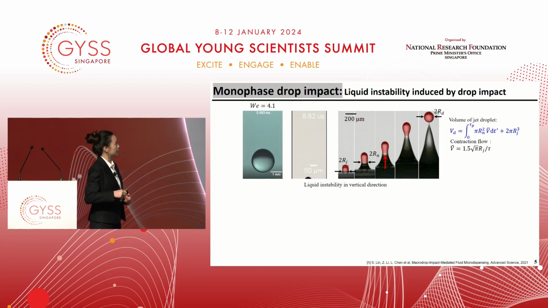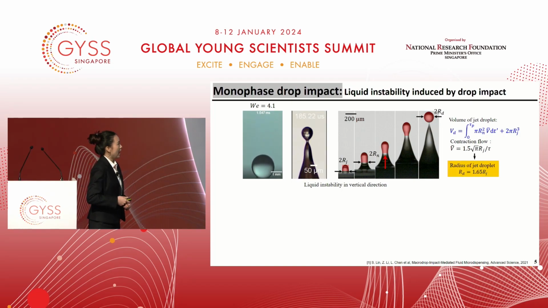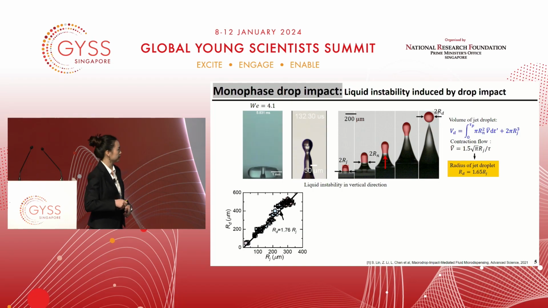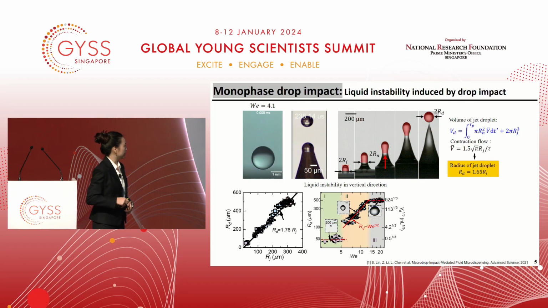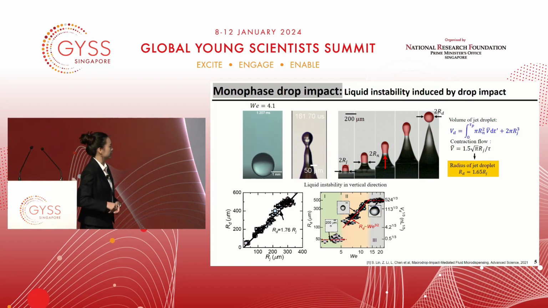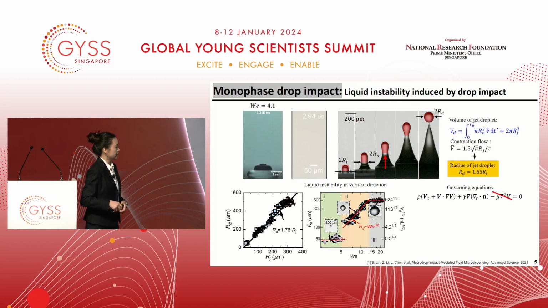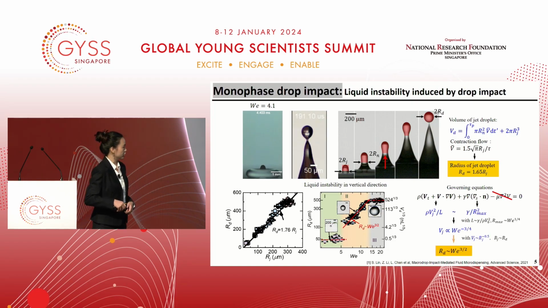Afterwards, a secondary droplet is shot out. By analyzing the fluid flow during the process, we can understand the relationship between the singular jet and the secondary droplet size. Furthermore, we find a power law relationship between the secondary droplet size and the initial impact conditions. By simple scaling analysis, this power law relationship can be explained.